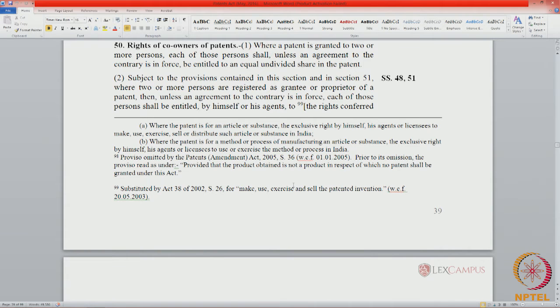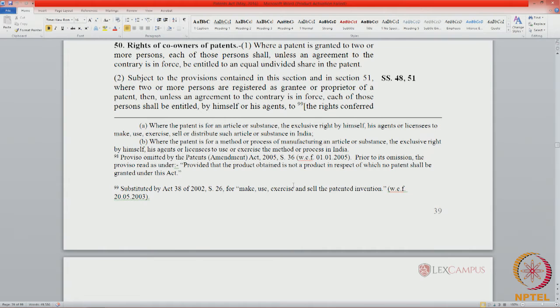So if the patent is granted to three owners, with three persons whose names appear as the patentee, they will have an undivided share in the patent. Each will have 33.33% or 1/3 share in the patent, unless there is an agreement to the contrary.